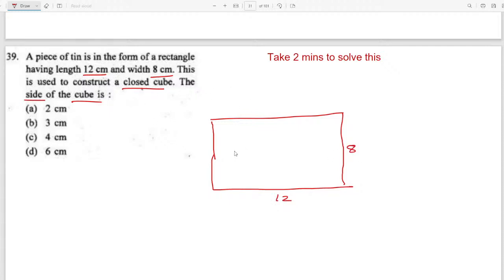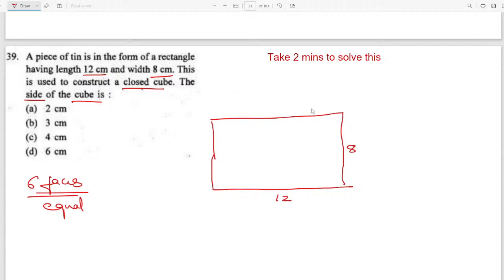Now I have to use this to make a cube. To make a cube, I have to create 6 equal faces, because the cube has all 6 faces equal. And the surface area should be equal to the area of this rectangular piece of tin.